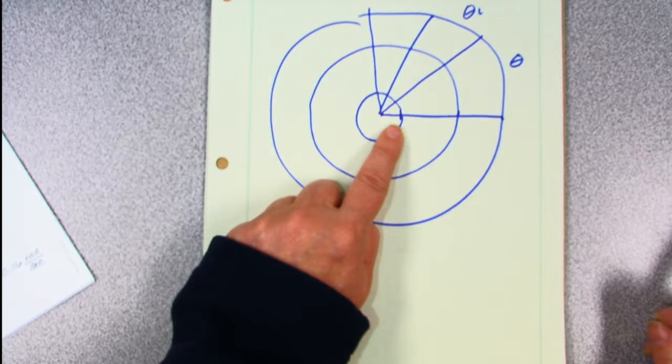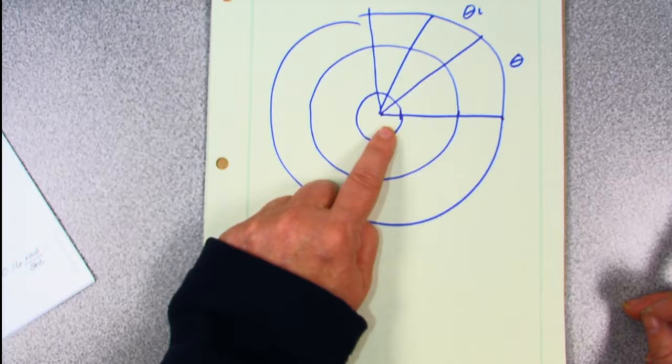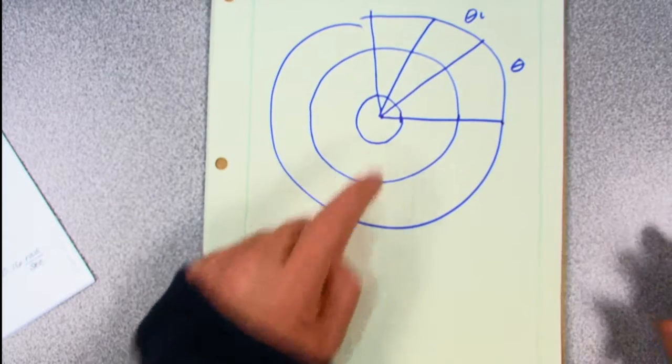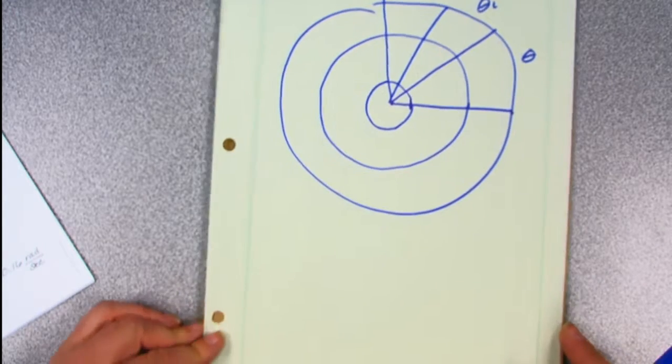They're all traveling with the same angular speed, but my linear distance is significantly different. Again, this is what makes amusement rides more fun, because the mechanics of going around that circle, or getting the turntable to go around, are the same. So let's talk about that turntable going around.